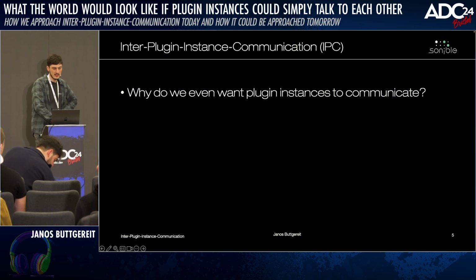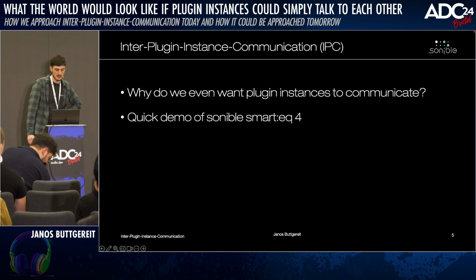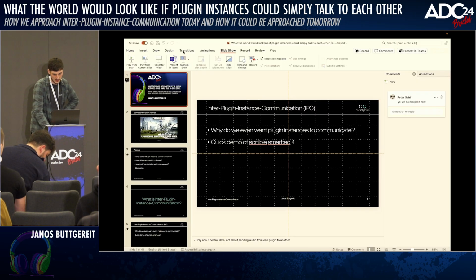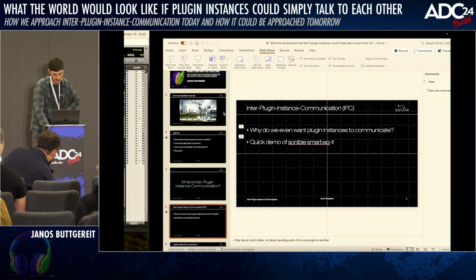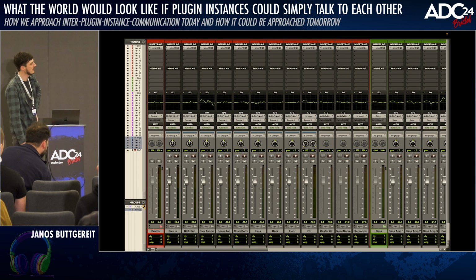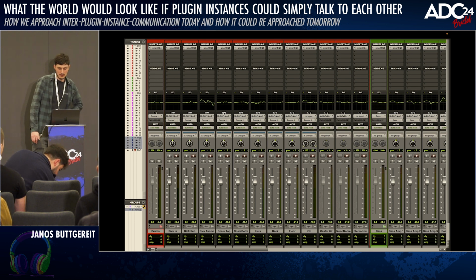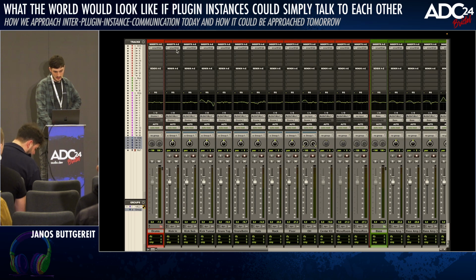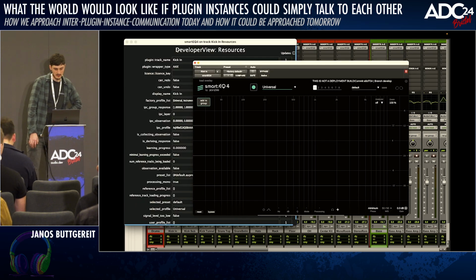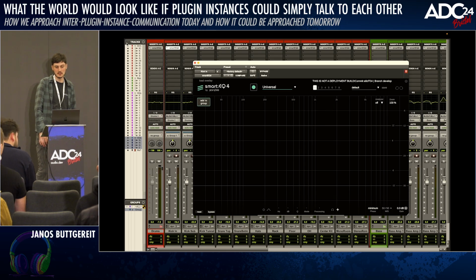And I think this can be best illustrated with a quick demo of our SmartEQ4. I just have a Pro Tools session up here. So this is a mix window. You see I've just inserted SmartEQ4 on every track. Let me just open up this instance. At first, though, there's something popping up. This will be shown to you later.